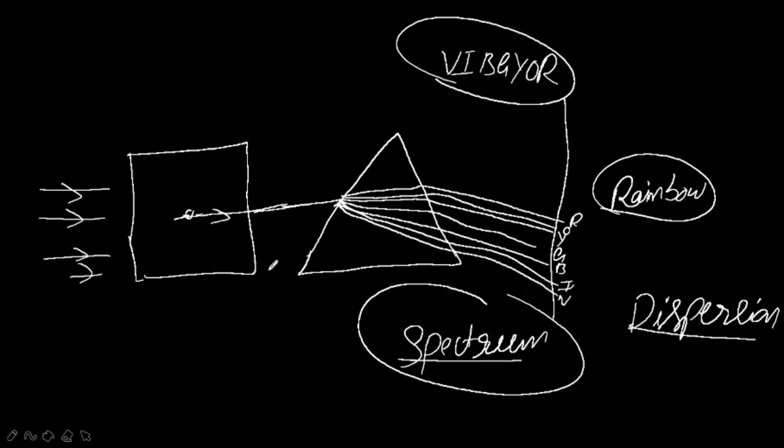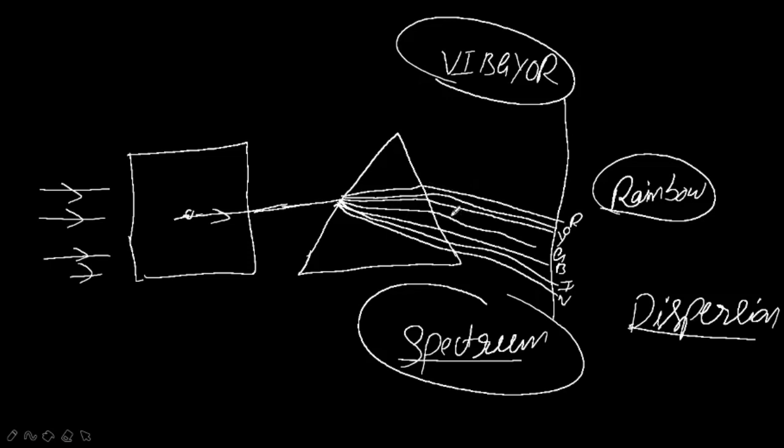Okay, you have seen that white light is dispersed by a prism into 7 colors, its components. Then why do we get these colors? What is the reason? Different colors of light bend through different angles. I think you can remember the angle of deviation.